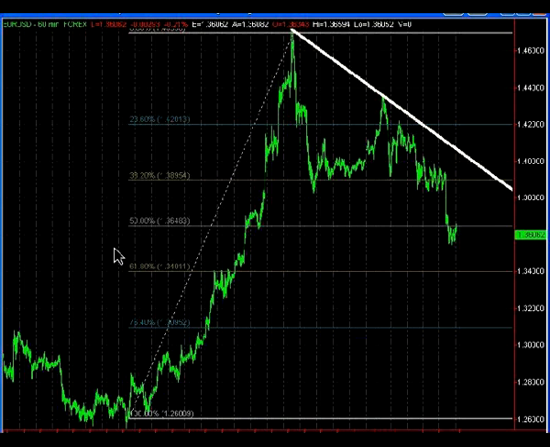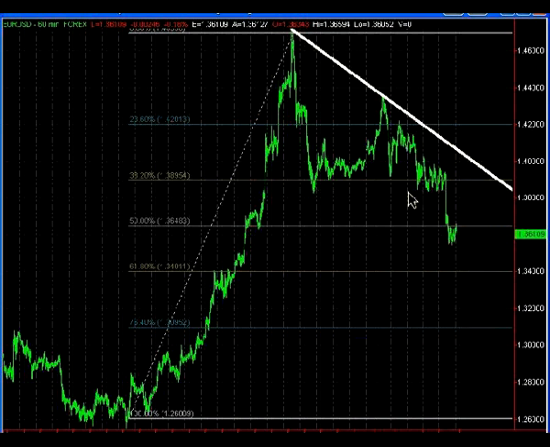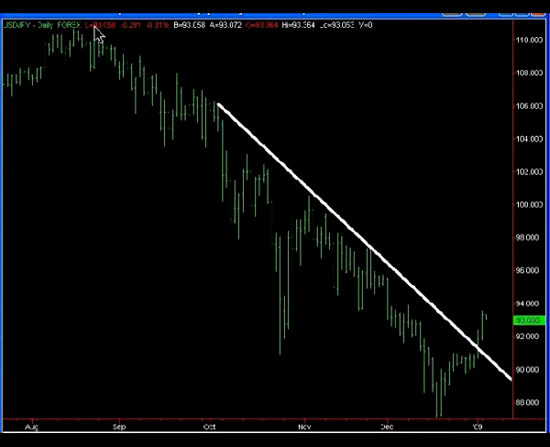We can call it 134 even. Again, that's the 61.8 of the massive rally from below 125 to the 147 area. So moving forward, the two areas that I would suggest, that 138.20 area for a short trade, and then for a long trade, see how the pair reacts around that 134 area, which again is the 61.8 fib.